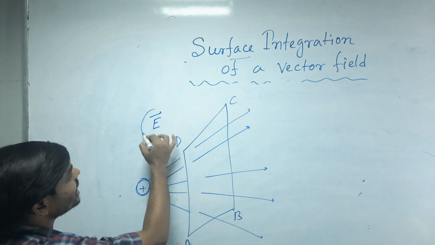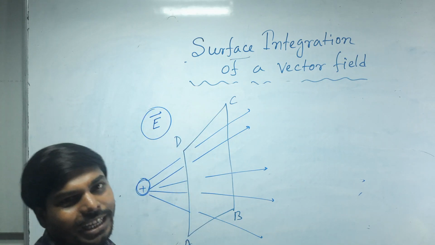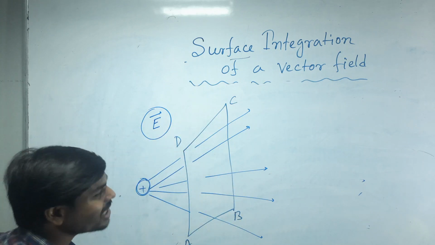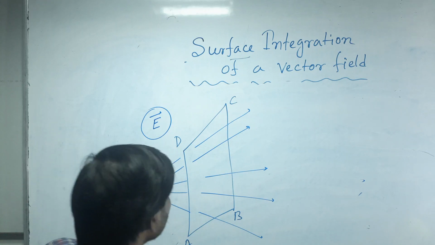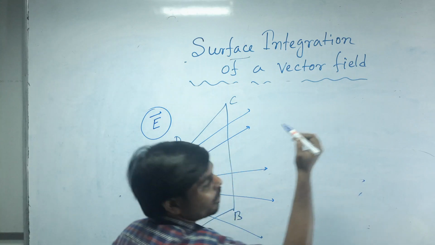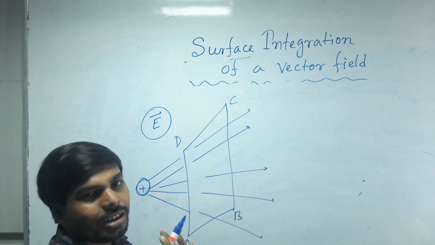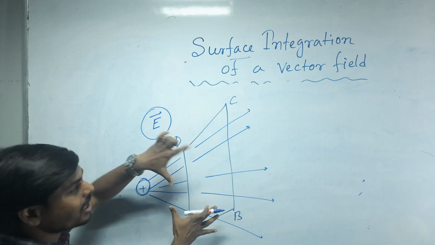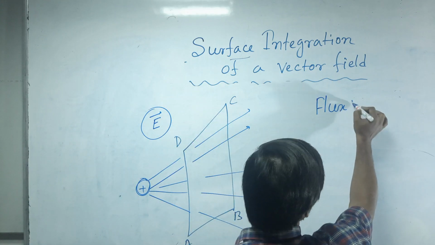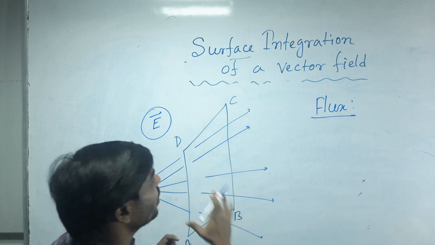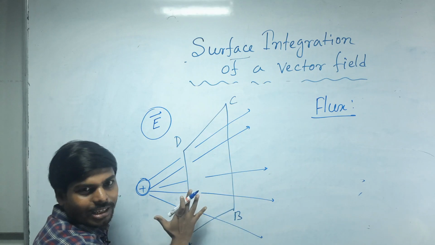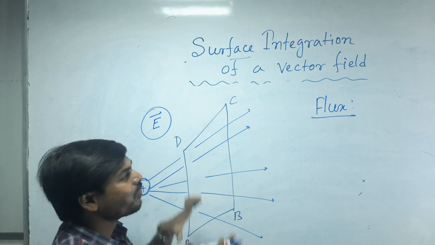Now if this electric field is represented by E vector, what is the flux through this surface? What is the definition of the flux? Flux means the total normal components through this surface. In a general way we can write that the number of field lines passing through this surface normally is known as the flux through this surface.